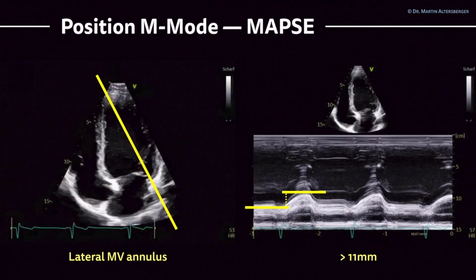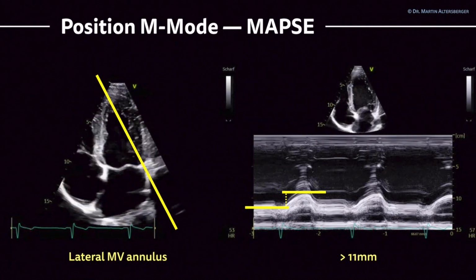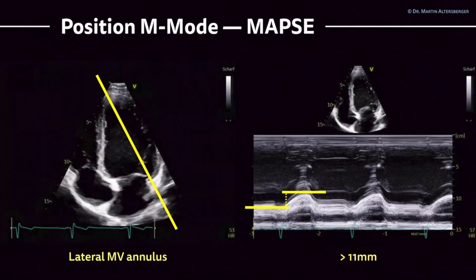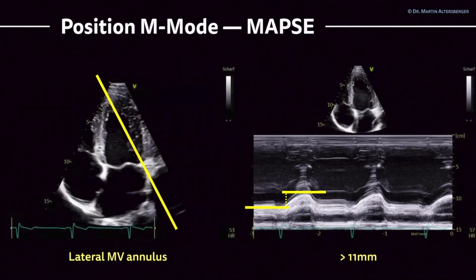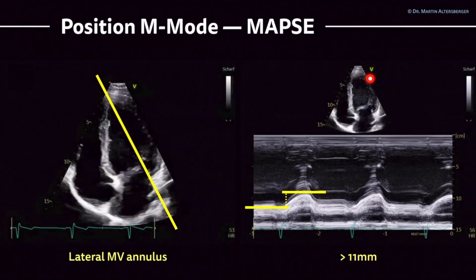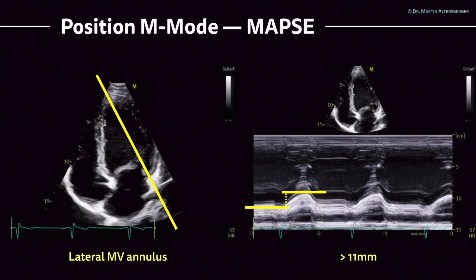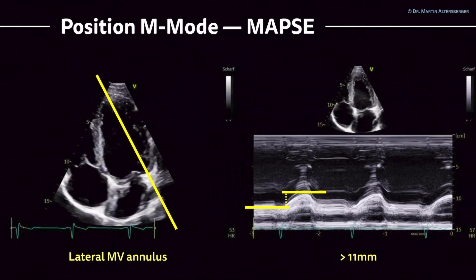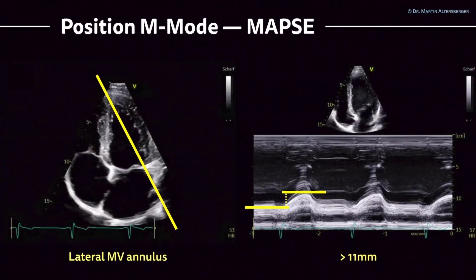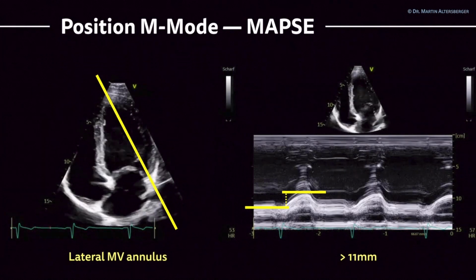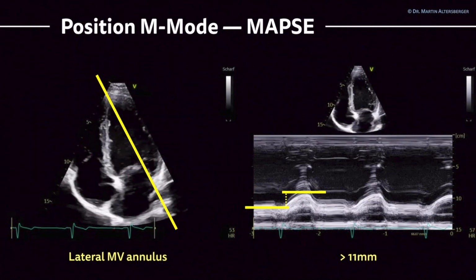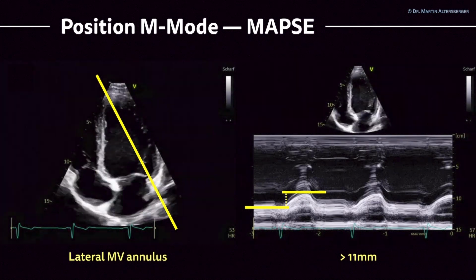Keep in mind, M-mode measurements are sometimes very difficult to interpret. Just imagine you have a wall motion abnormality in a specific area, such as a large apical aneurysm. With those measurements, you have the limitation that you only see a very small part and a very limited measurement of what actual left or right ventricular function and contraction looks like.